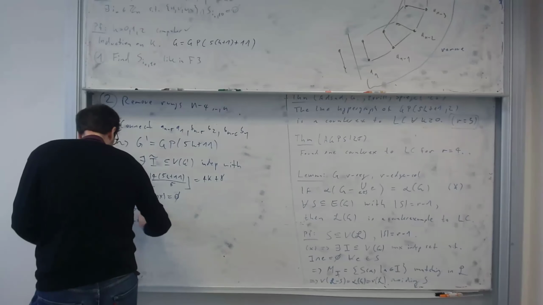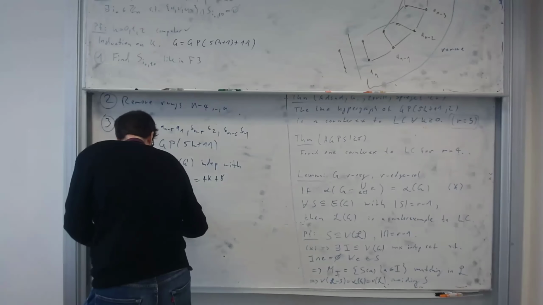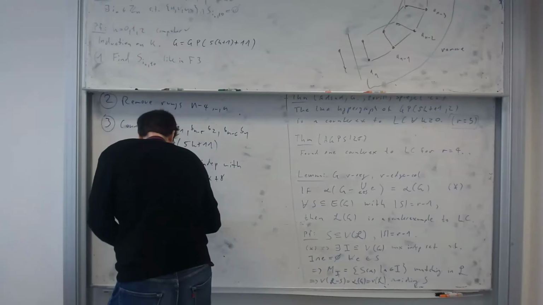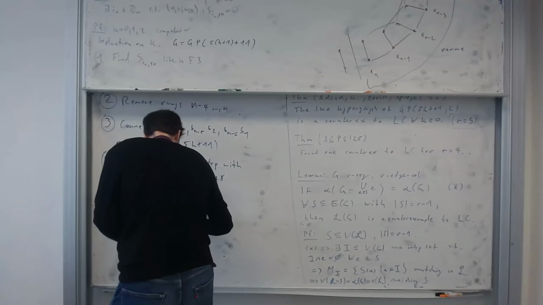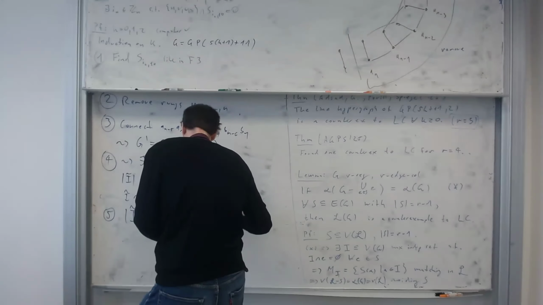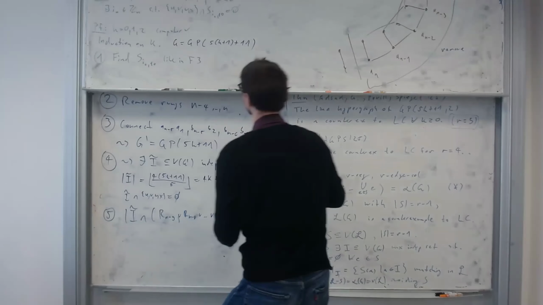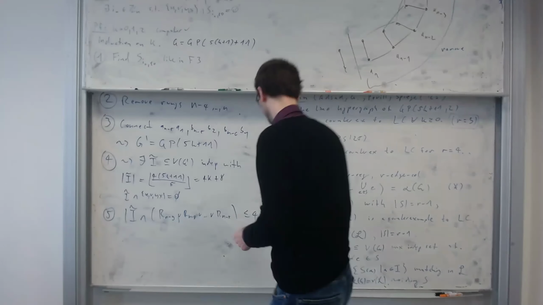If we now look at this independent set and the intersection with the rungs R_{n-9}, R_{n-8}, and so on up to R_{n-5}, then this is at most 4. This was one of the facts we mentioned, fact 2.